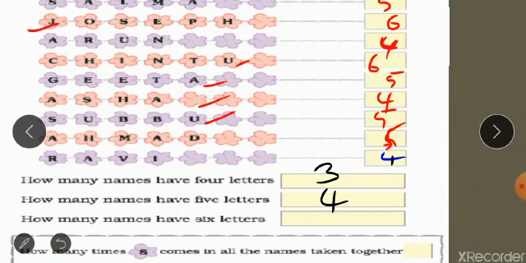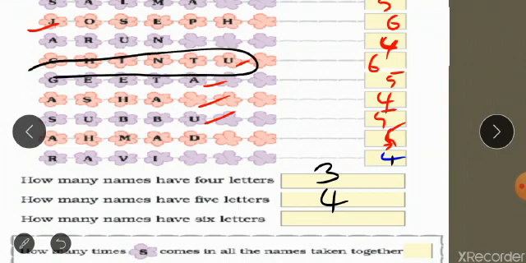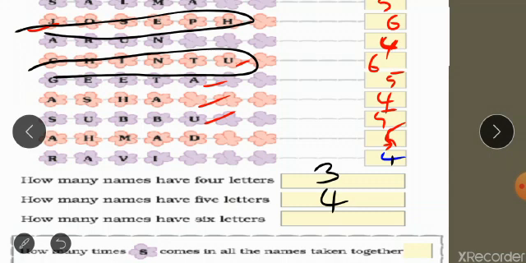So four names. Now 6-letter names. One is Chintu, and Joseph. Joseph is 6. Only 2 persons have a 6-letter name.